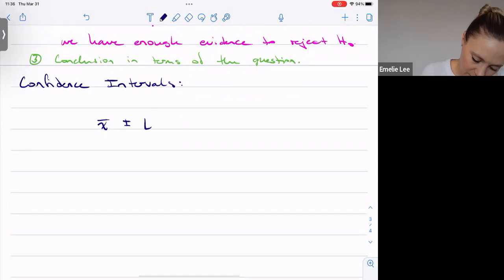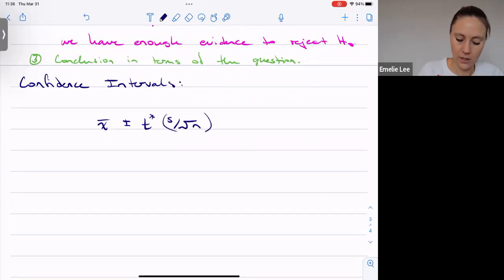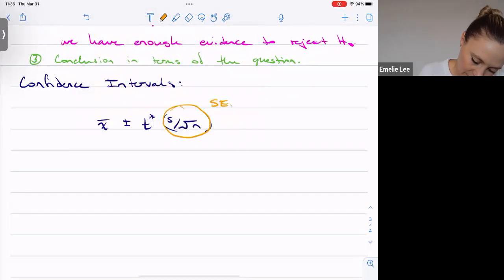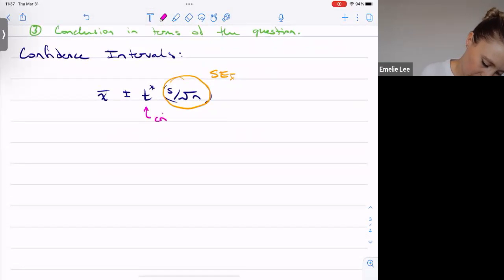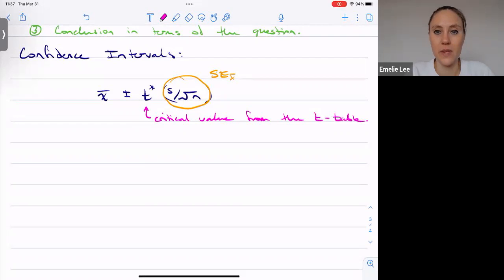It is x bar plus or minus t star times s over root n. So this is, again, the standard error of x bar. And the t star is the critical value from the t table, at whatever confidence level you are asked to use, and then you find your degrees of freedom, right?